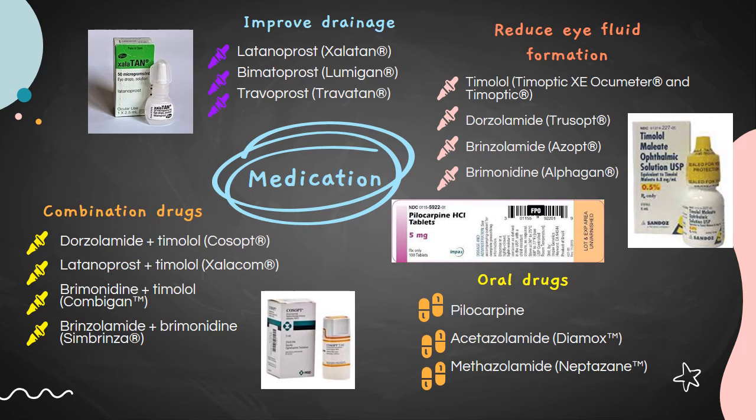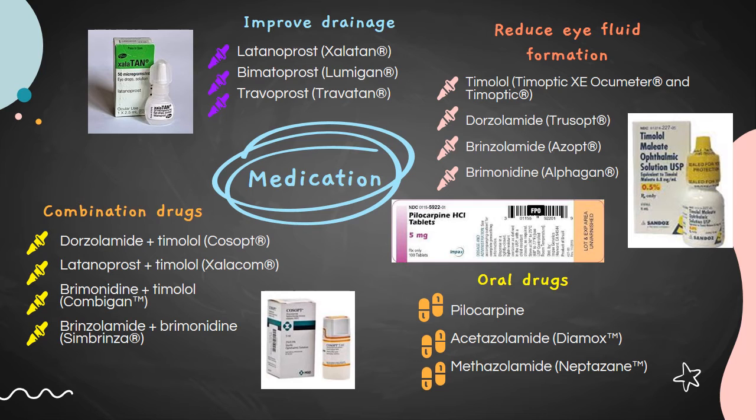The first drug's mechanism of action is improving drainage of the eye fluid. The drugs used are usually prostaglandin analogs. A few examples are latanoprost, and in brackets is the brand name of latanoprost, which is Xalatan, bimatoprost, and also travoprost. Next is medication that will reduce eye fluid formation.